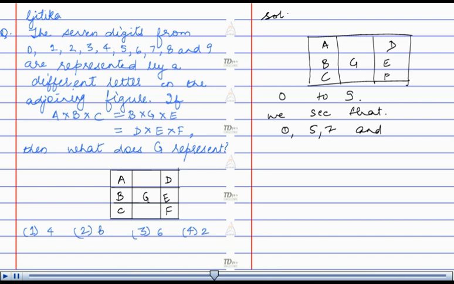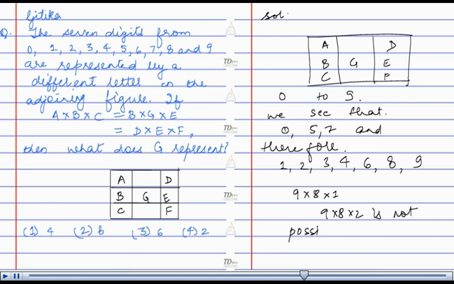Therefore, the remaining letters are 1, 2, 3, 4, 6, 8 and 9. The maximum possible product is 9 into 8 into 1, and any higher number like 9 into 8 into 2 is not possible.